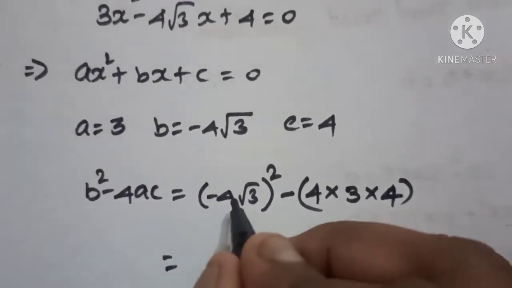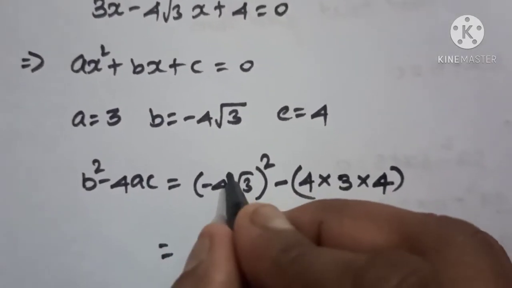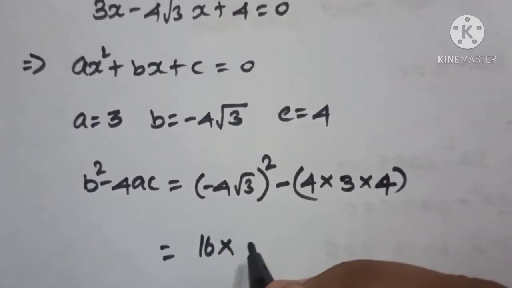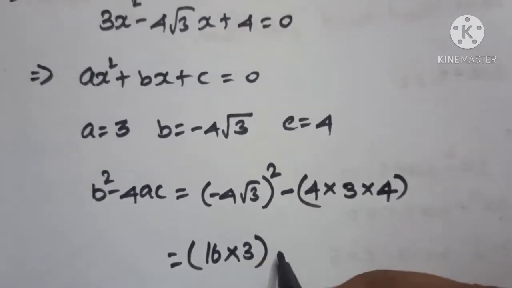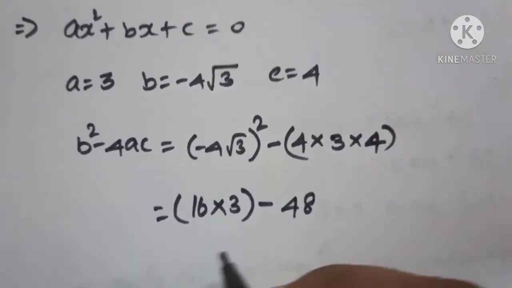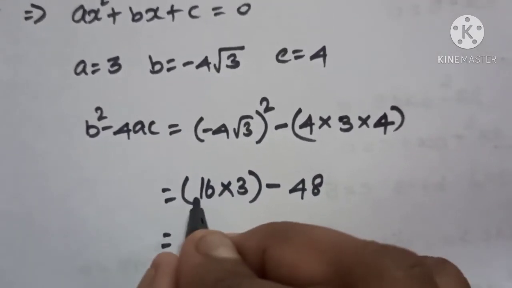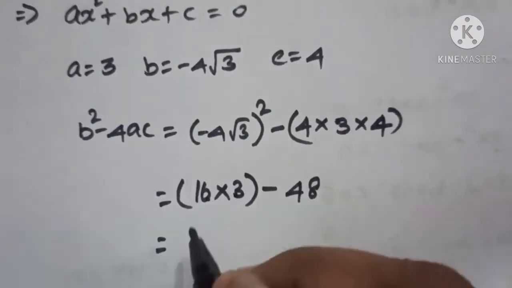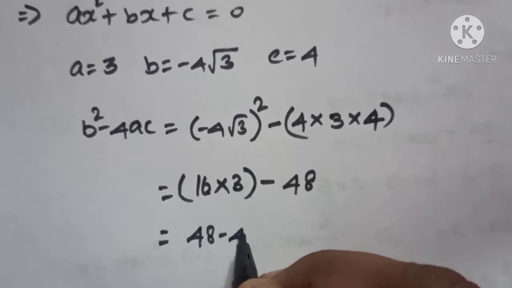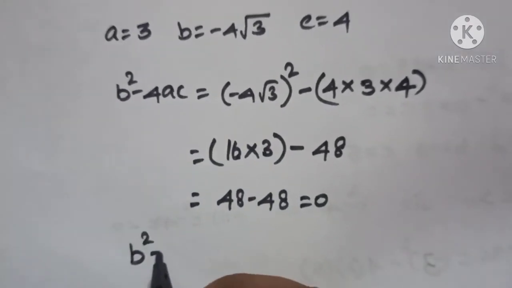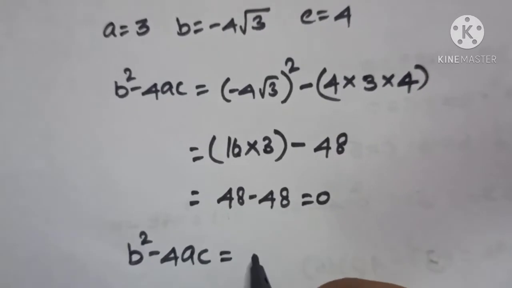If you square minus 4, you get 16, and root 3 squared gives 3. Minus 4 3s are 12, 12 4s are 48. So now 16 into 3 is 48, and 48 minus 48 is equal to 0. So b square minus 4ac is equal to 0.